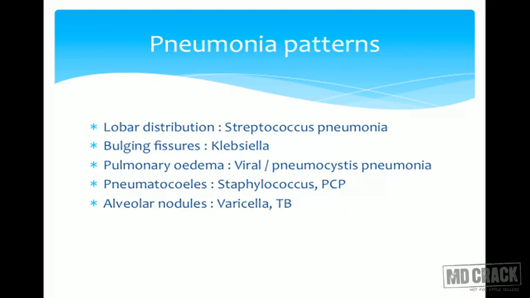Bulging fissures are seen in Klebsiella. Pulmonary edema is commonly seen in viral pneumonias and Pneumocystis pneumonia. Pneumatoceles are seen in Staphylococcus and Pneumocystis carinii pneumonia. Alveolar nodules are seen in varicella and tuberculosis.